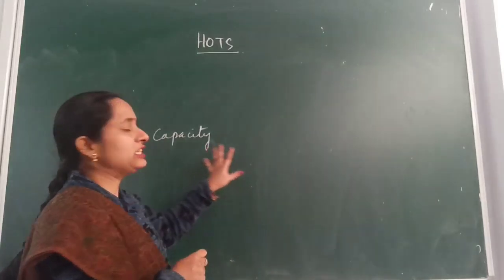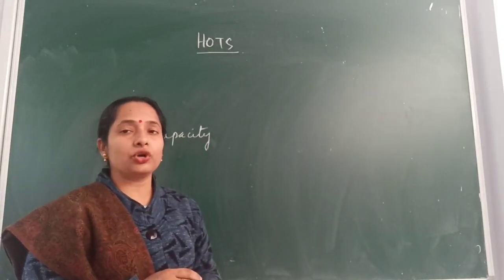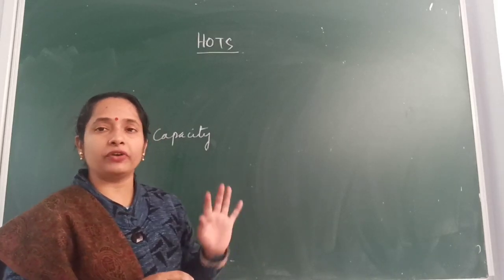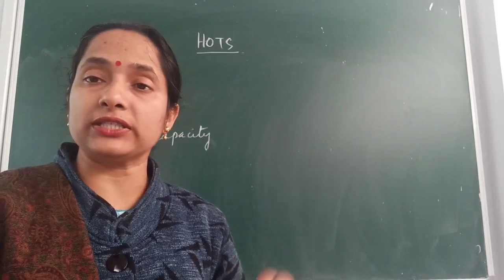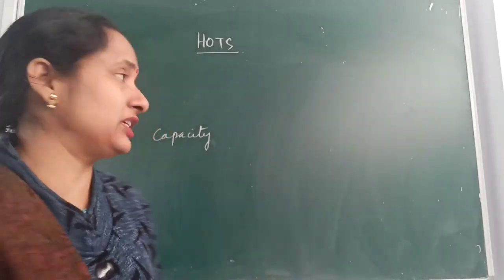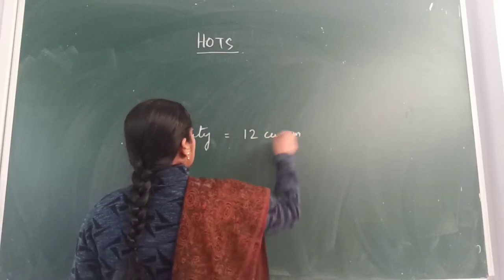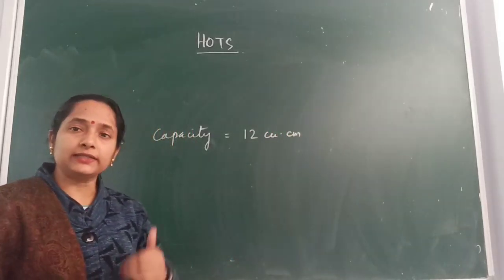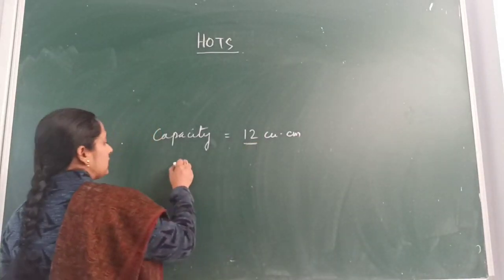So, here the capacity of each box in which the saffron is filled is given to you, that is 12 cubic centimeter. As I said, capacity is equal to volume, so this 12 cubic centimeter is the volume.